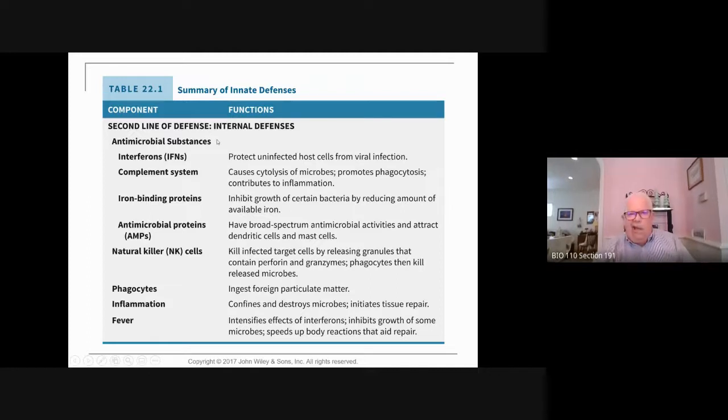There's a second line of innate defenses, and basically it's antimicrobial substances, interferons. Interferons are cytokines. These are antimicrobial proteins. Interferons are specific for viral infections, not specific for a virus, but specific for all viruses. So they are still innate defenses.